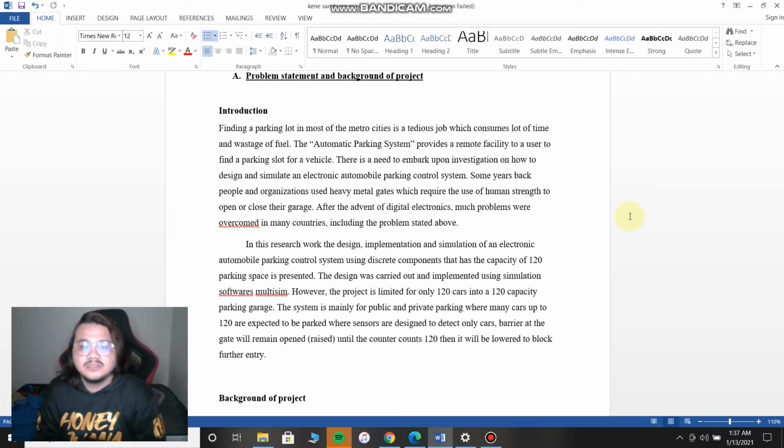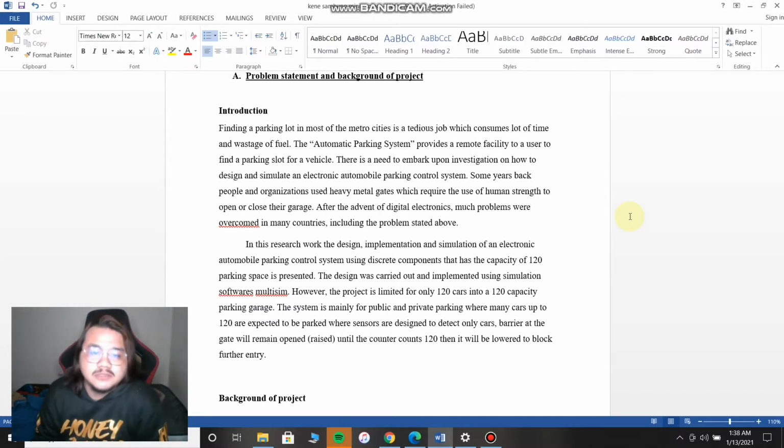In this research work, the design, implementation and simulation of an electronic automobile parking control system using discrete components that has the capacity of 120 parking spaces is presented. The design was carried out and implemented using simulation software, which is Multisim.